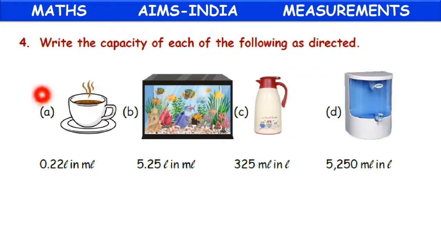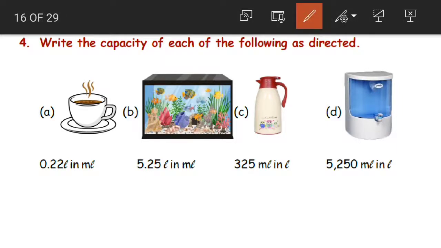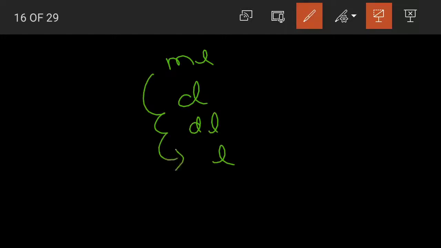And the last one children, write the capacity of each of the following as directed. Again, here also we need to convert. First one, liters to milliliters. We have milliliters, centi, deci and liter. 1, 2, 3. We are having 3 jumps. This is a lower unit converted into higher unit.